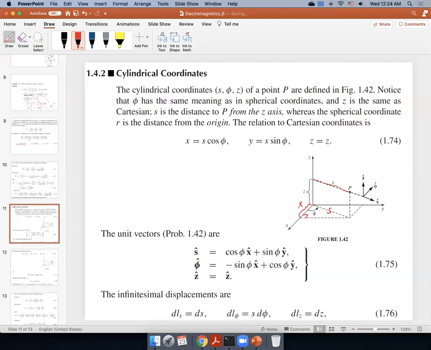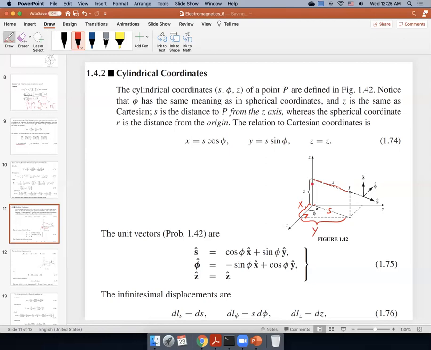So x equals s times cosine phi. Similarly, y equals, because here it's the y direction, y equals s sine phi.